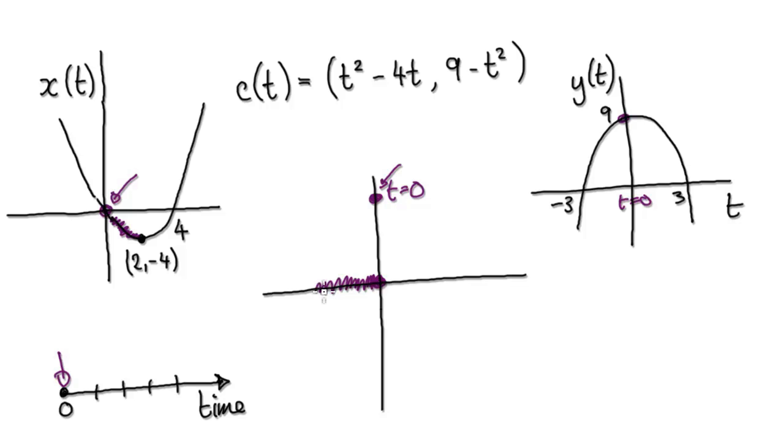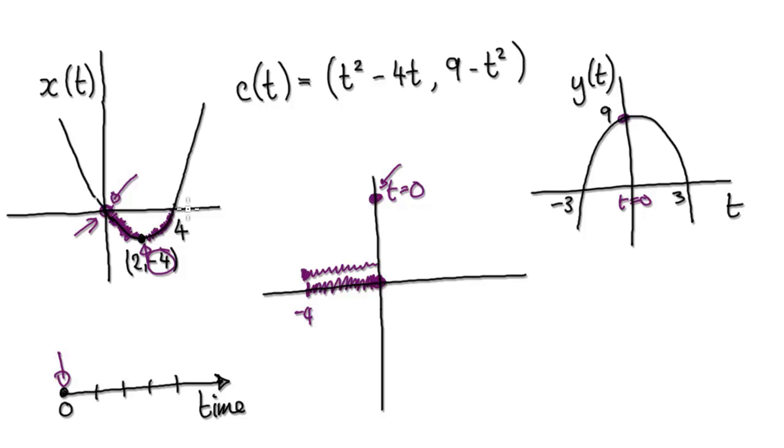You're going to reach your maximum value to the left, which happens to be -4, somewhere around here, and then you're going to head back towards 0.